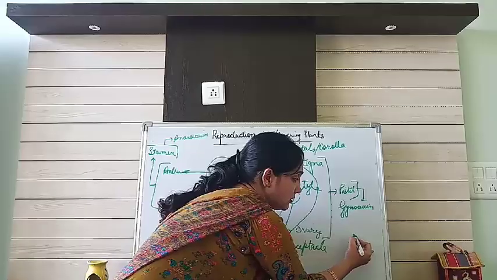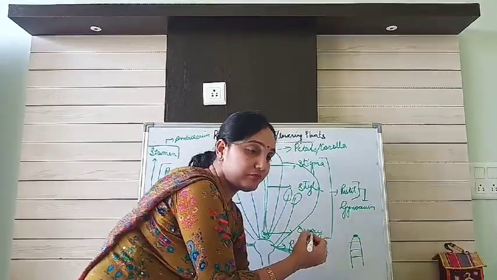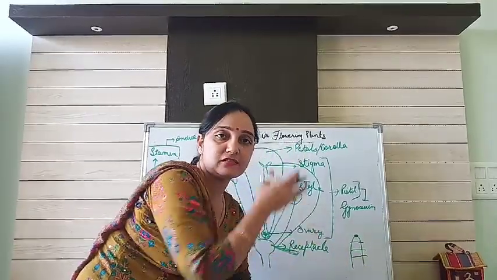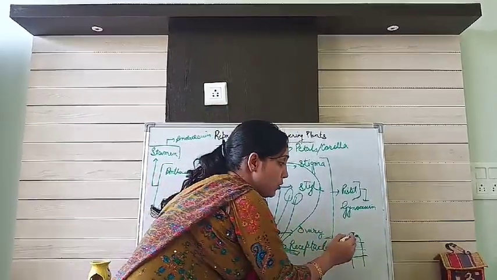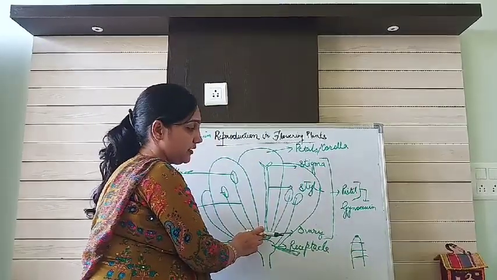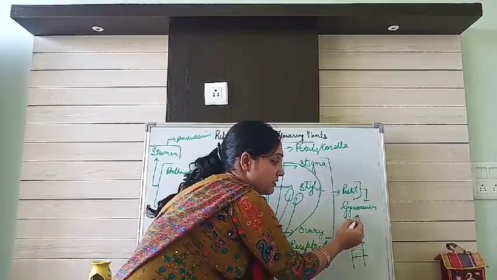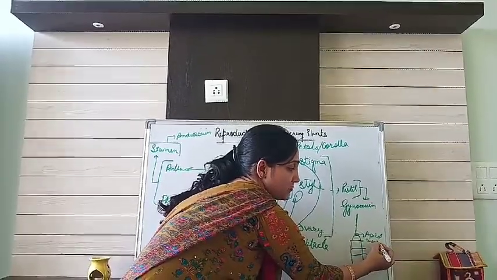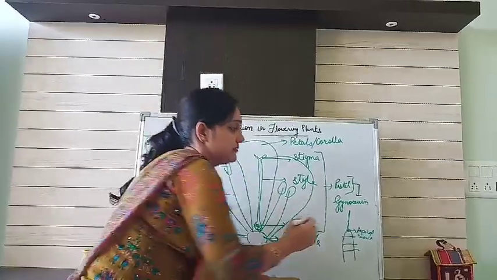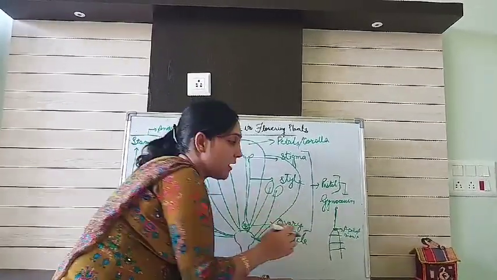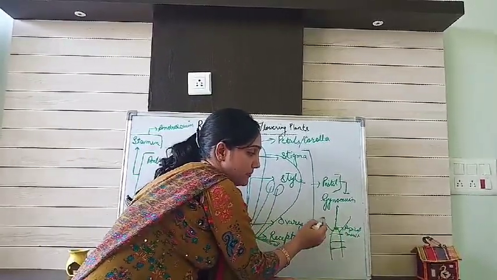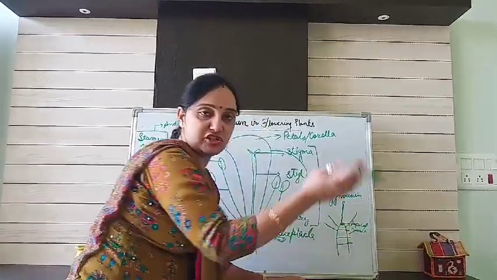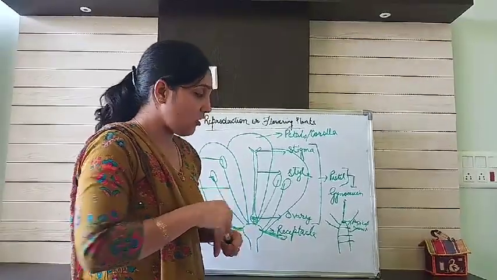It has an apical meristematic region, and we have nodes and internodes. Basically the gynoecium attaches from the center, the apical meristematic portion, and the rest of the parts like androecium and sepals arise from the nodes.